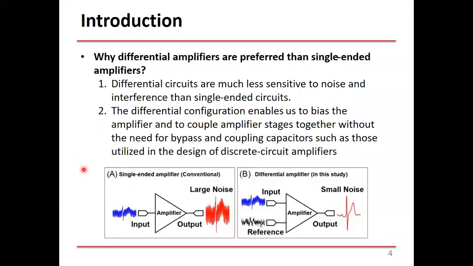All this comes and hits the sensor at the same time. So the sensor picks up the wanted signal, the weak signal of the heart, plus the noise coming from outside. So you cannot differentiate them. You cannot subtract the noise because you have a single input, and at the output, you are amplifying both at the same time.